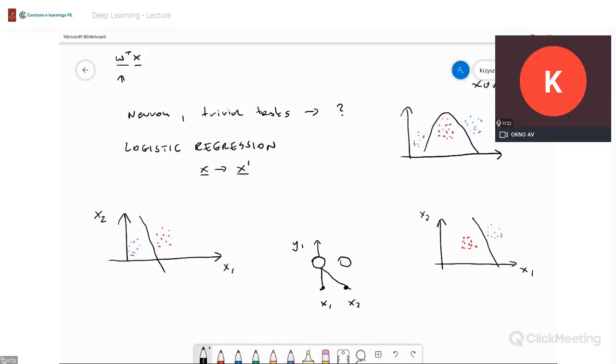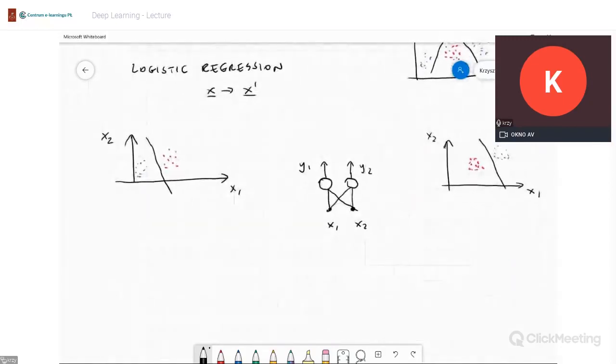So I might create a structure composed of two neurons, and each of these neurons theoretically could solve a sub-problem. Let's assume that my first neuron has a positive side of my line here and a negative side here.